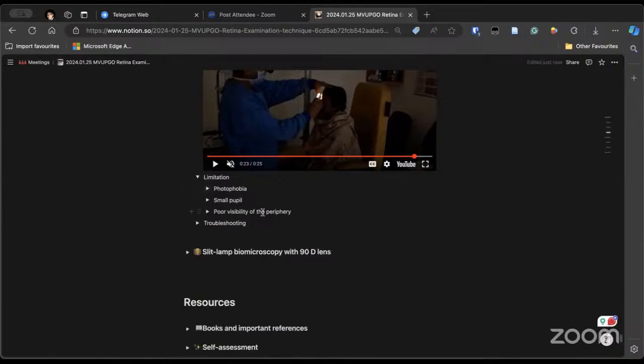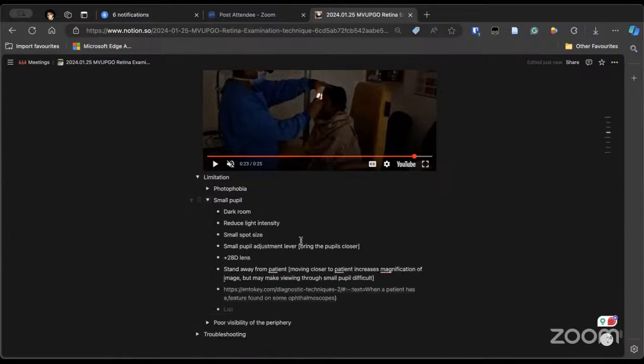Indirect ophthalmoscopy in a small pupil. Dim the light, yes, and use the small pupil option on the indirect ophthalmoscope. Any other?